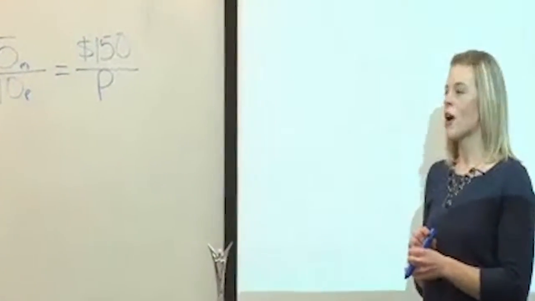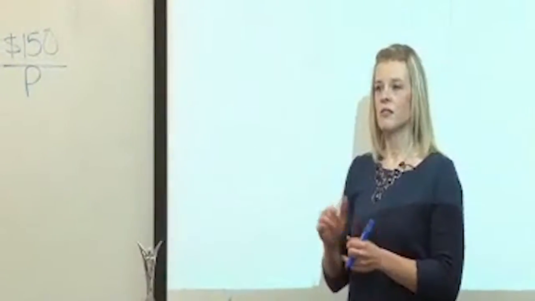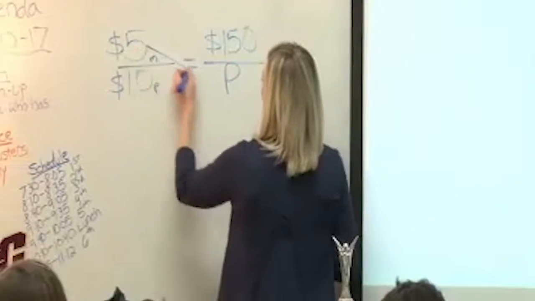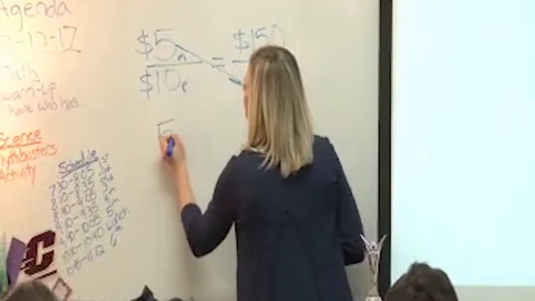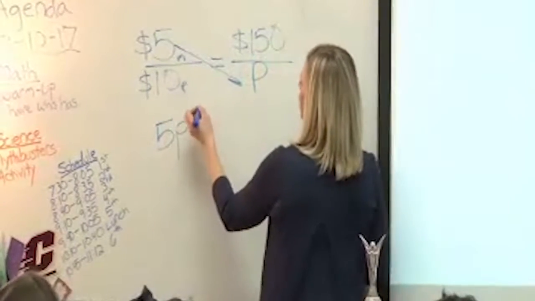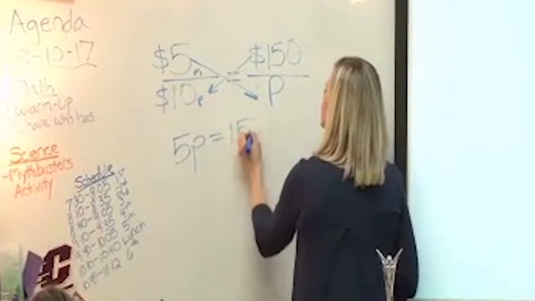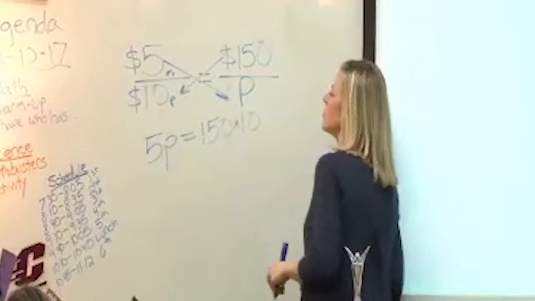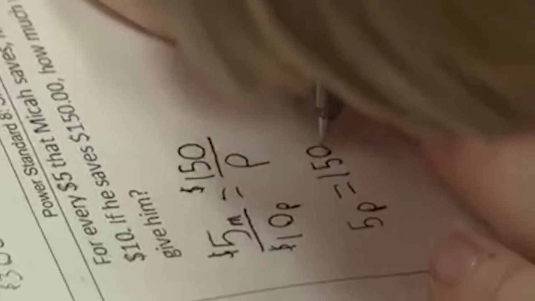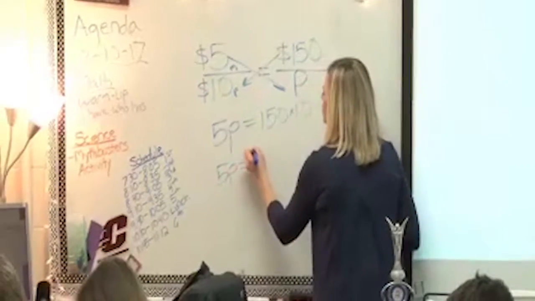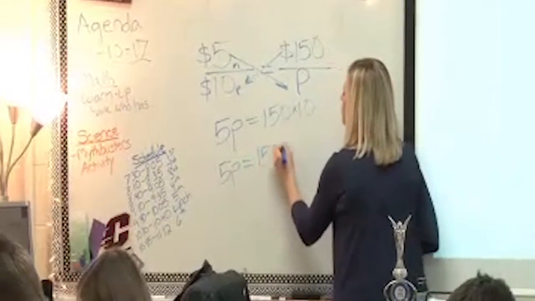So now I have a problem. How do I solve this? Use cross multiplication. So 5 times P equals 150 times 10. Nothing I can do here. 5P equals 1,500.